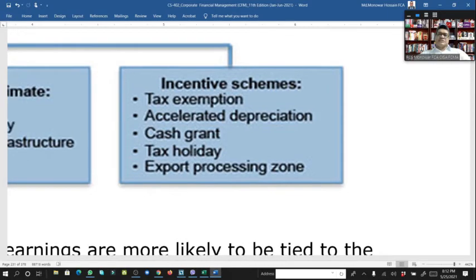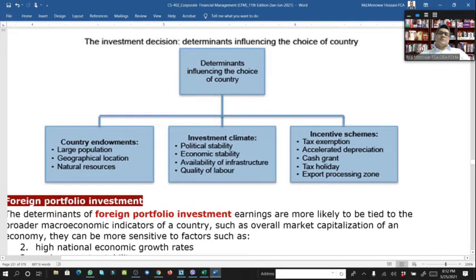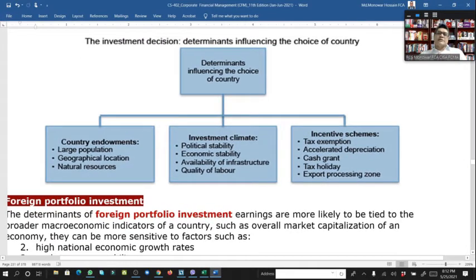These are the incentive schemes. So for finding a country where we will be able to invest, we have to see the country's large population, population structure, geographical structure, natural resources, and investment climate, which includes political stability, economic stability, availability of infrastructure, and quality of labor.